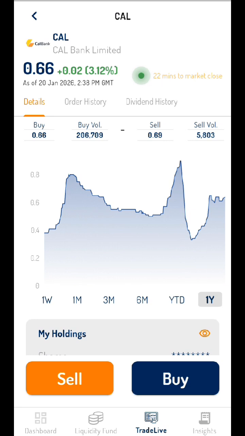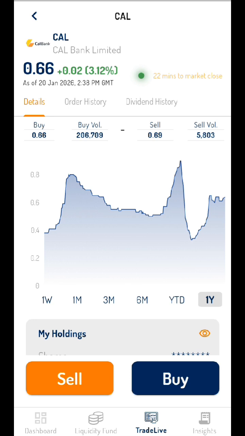Your order is valid for 30 days. If there is no match between what you opted to buy and 30 days elapse, your order will be cancelled. The amount you used to purchase the shares will be refunded into your Trade Life account.